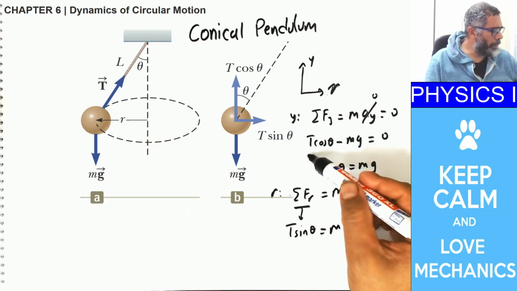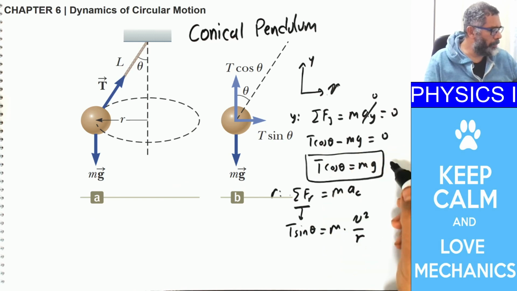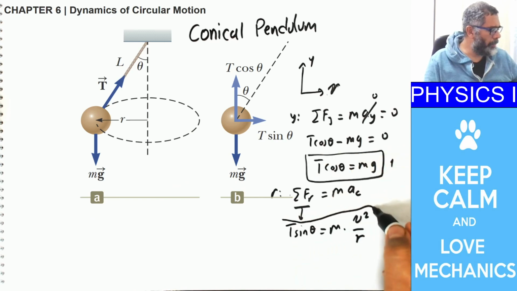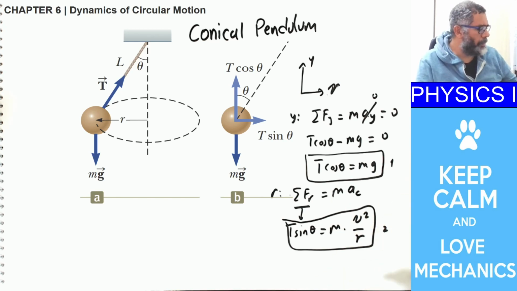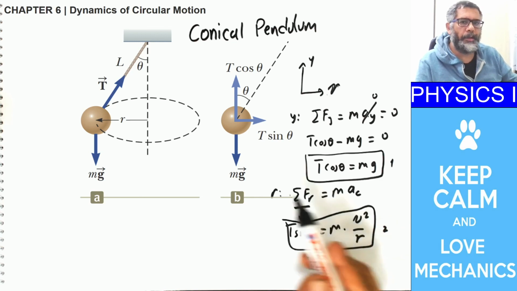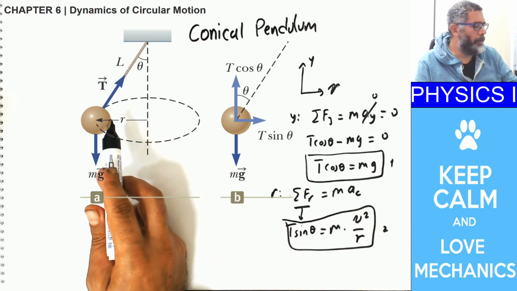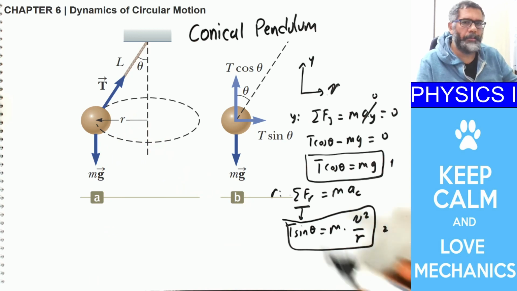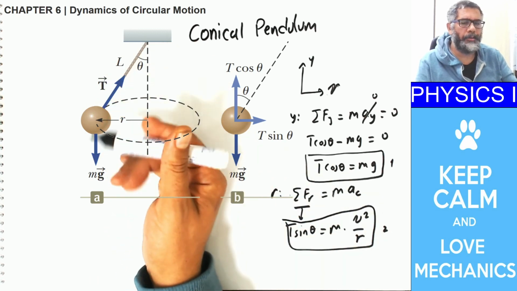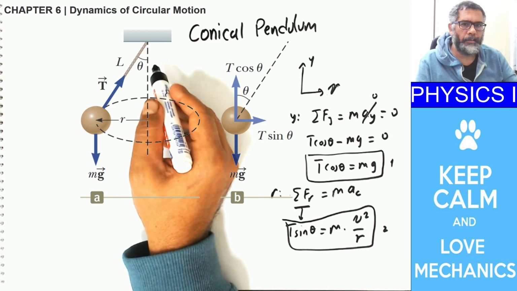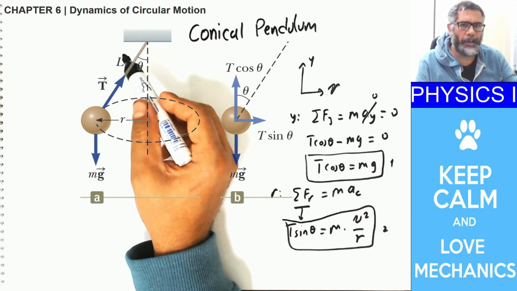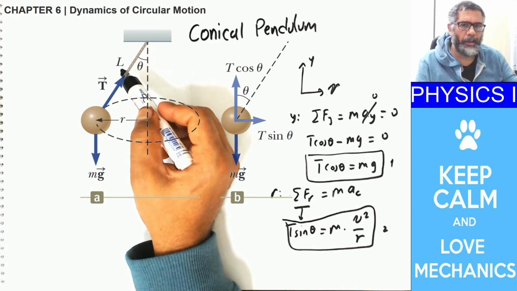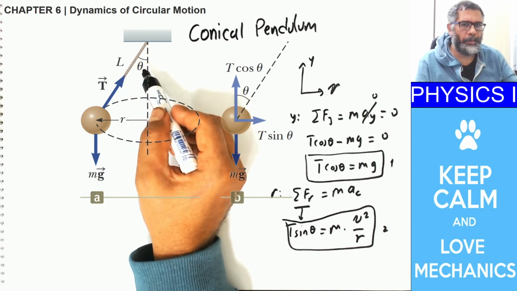So you get these two equations, 1 and 2. From these two equations, we can express the speed of the object in terms of the geometrical parameters of the problem. The problem gives you the length of the string as this capital L, and this angle theta to be fixed.